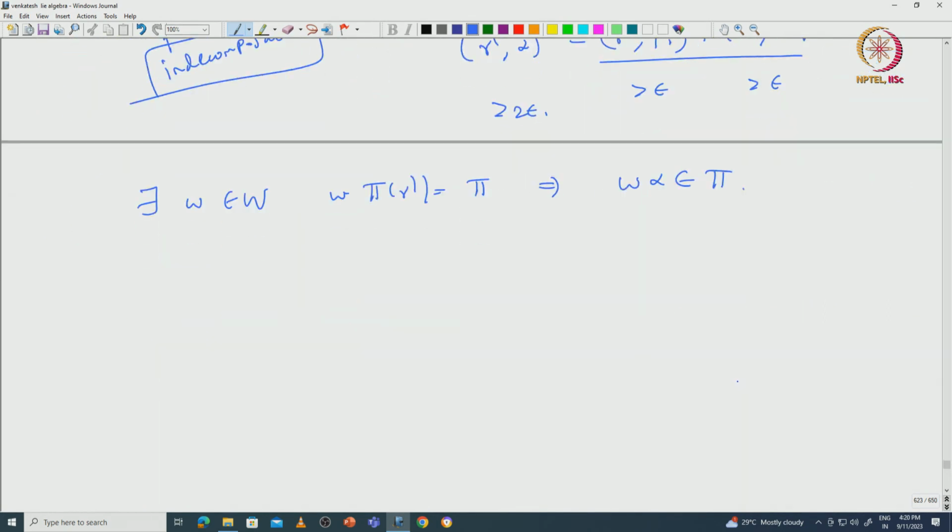For that purpose, let us start with some alpha inside phi. So, now we know that there exists W in W such that W of alpha is inside pi.